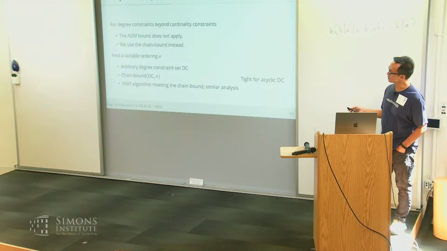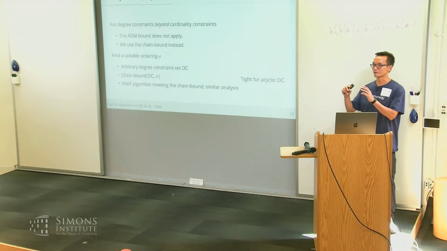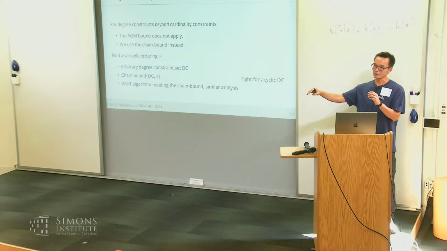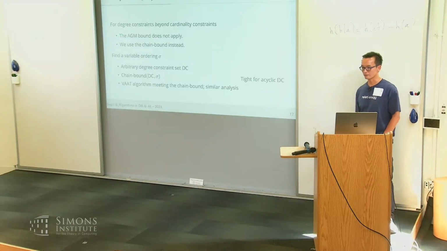However, if we go beyond cardinality constraints, then the variable ordering also has an effect on the worst case optimality. Because for some constraints, if you follow one particular order, you might activate that constraint. But if you select a different variable order, the constraint may not be activated. And that has an effect on the worst case output size.